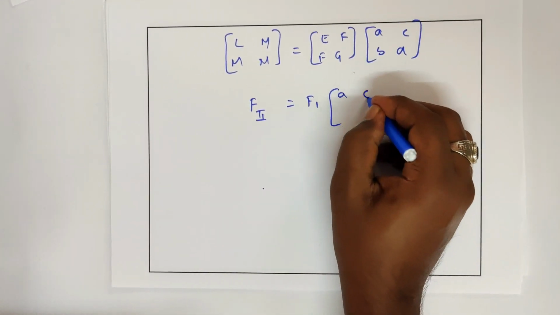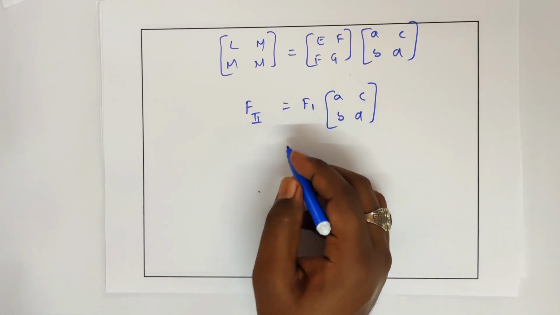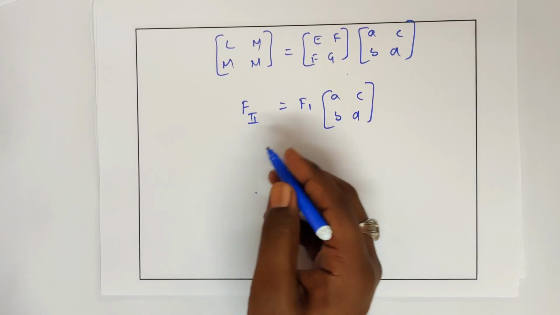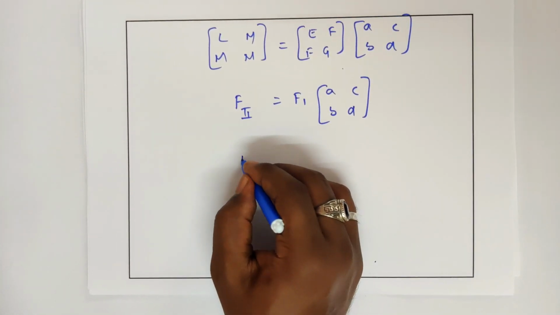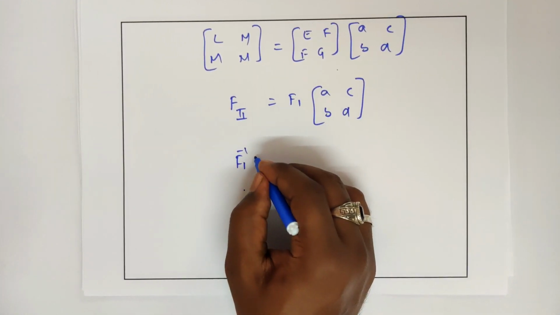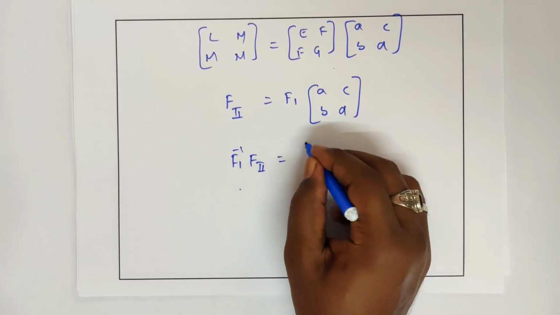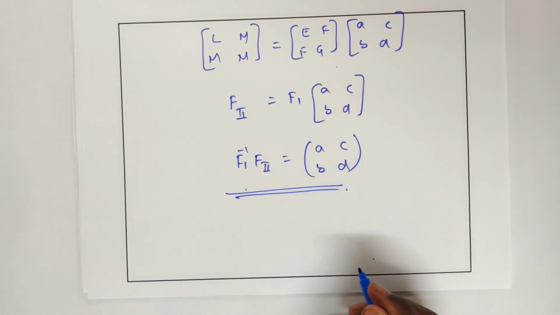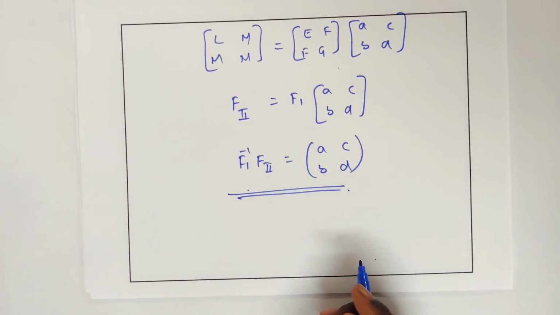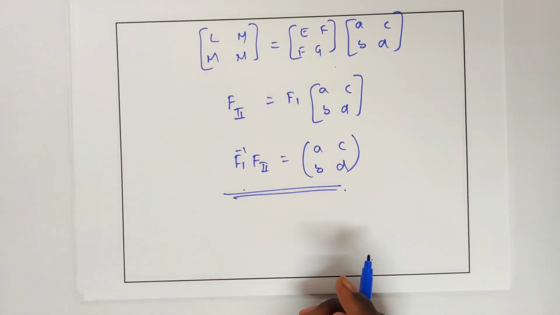So let me write that as a c b d. This will enable us to find the Weingarten matrix with respect to the basis sigma u and sigma v to be F1 inverse F2, with some simple calculations which will give us a c b d. So this is how we proved the Weingarten matrix with respect to the basis sigma u and sigma v.